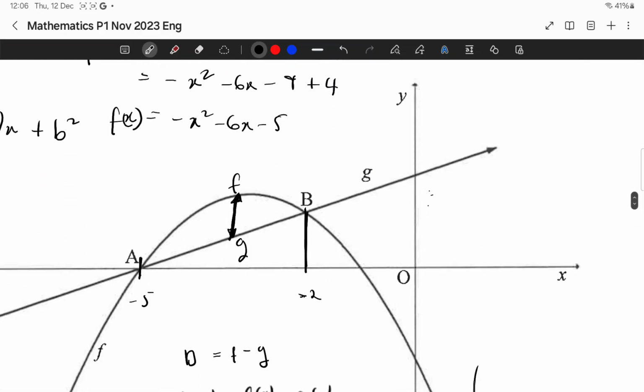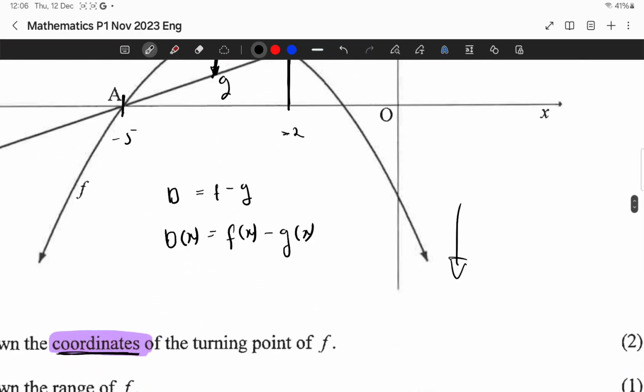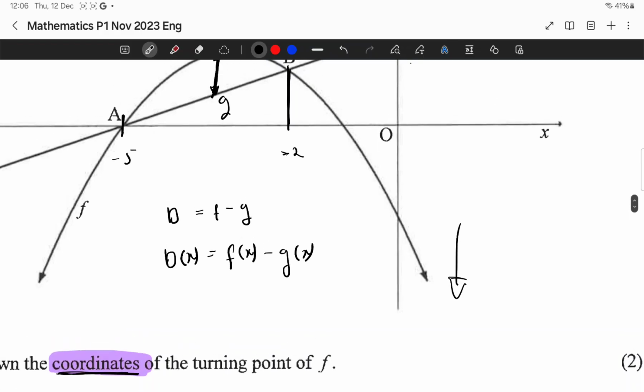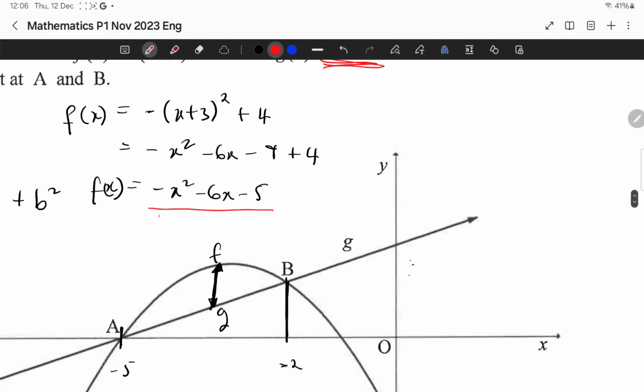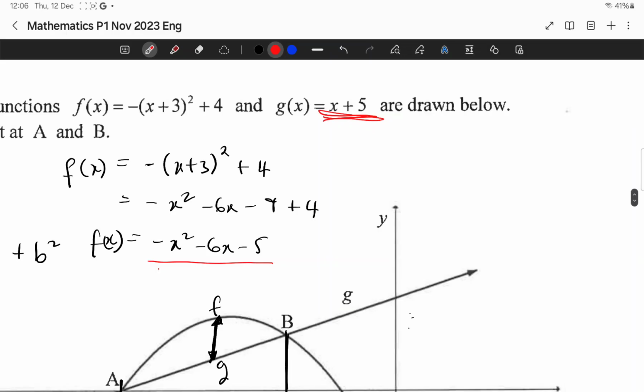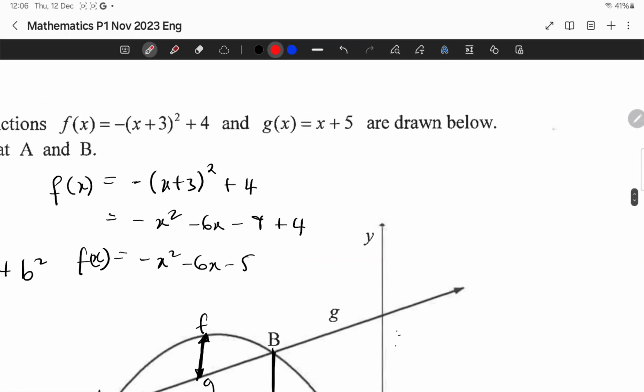Now, we know that we have worked out the simplified version of f of x there, which we have here. And we also have g of x right there. Now then, let's do f of x minus g of x, just so that I don't have to copy and recopy all this. I'll just write it down here. This is equal to f of x minus g of x.